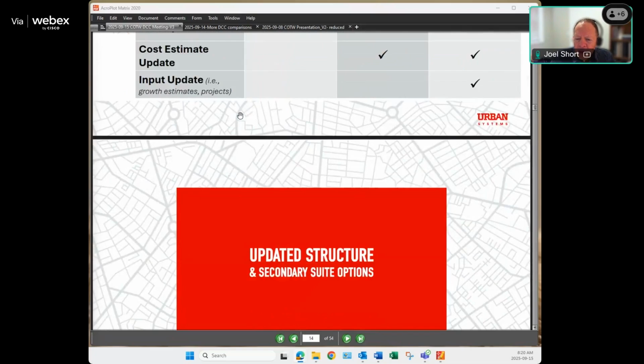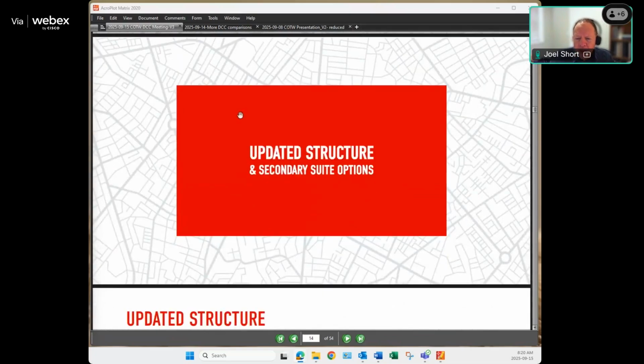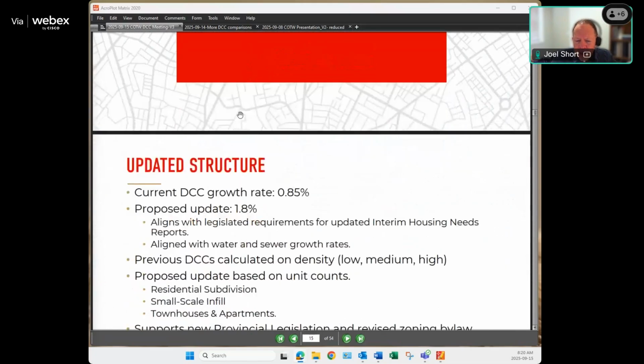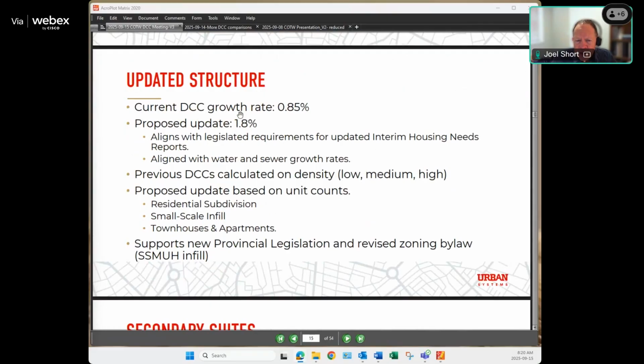Okay, great. All right, so the updated structure and secondary suite options. In terms of the updated structure, the current DCC growth rate was 0.85%. The proposed update uses a higher growth rate that aligns with the legislative requirements for the interim housing needs report, and it also aligns with water and sewer growth rates.